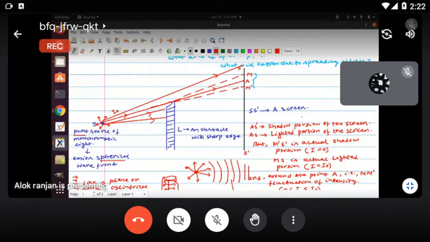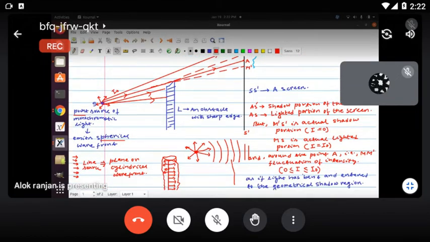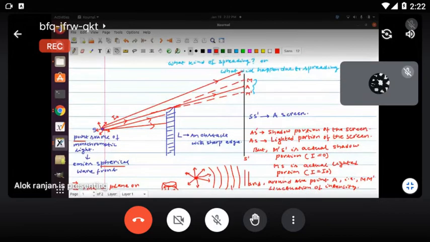And that is known as diffraction, and it happens due to the diffraction phenomenon. So that is what I've written there. Around the point A, that is MM prime, the intensity fluctuates between 0 and I naught, and it is an observation. In principle, AM prime should be the geometrical shadow region with intensity 0, but it is not 0.